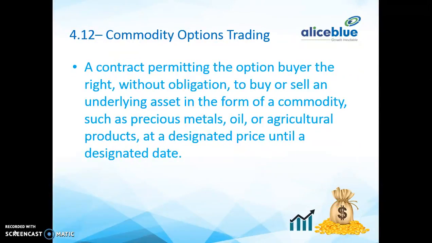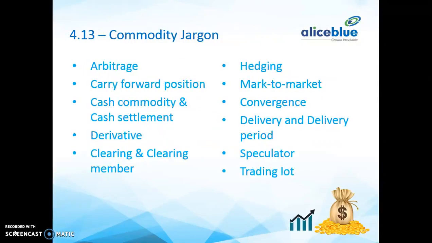Commodity options trading. A contract permitting the option buyer the right, without the obligation, to buy or sell an underlying asset in the form of a commodity such as precious metals, oil, or agricultural products at a designated price until a designated date.